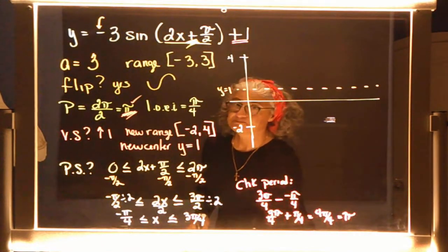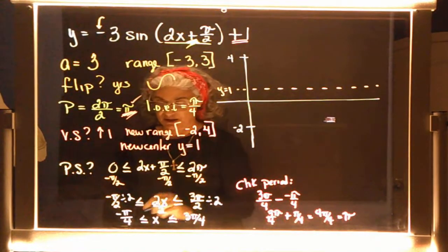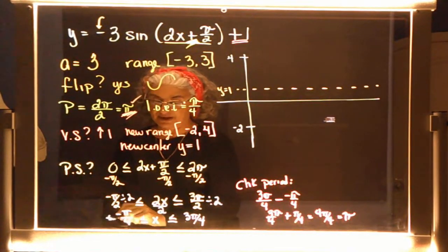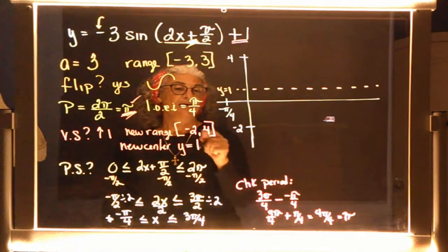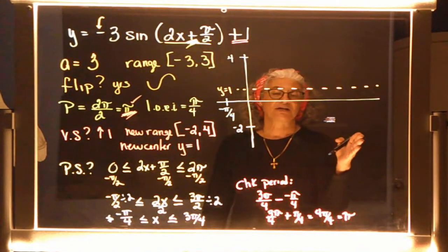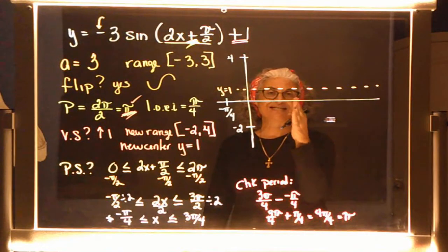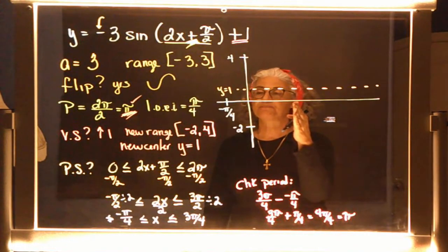Well, let's see. So we're starting here at negative pi over 4, right? Remember, I have a total of 4 intervals. But I need to find out where the next one is before I start assuming it's over here.